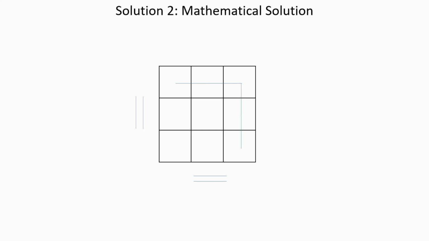Each vertical line resembles a down move, and each horizontal line resembles a right move. If we take apart the lines of the other path, we get the same number of vertical and horizontal lines.